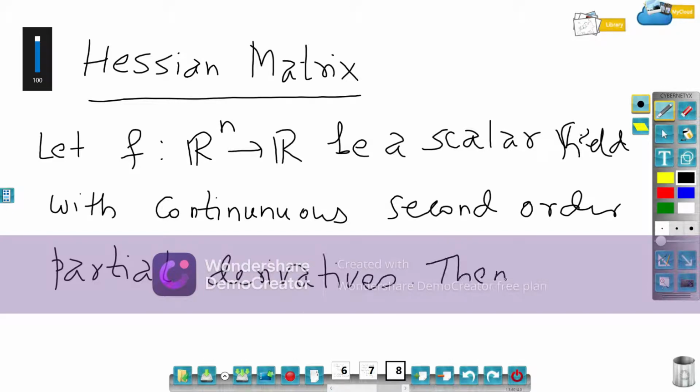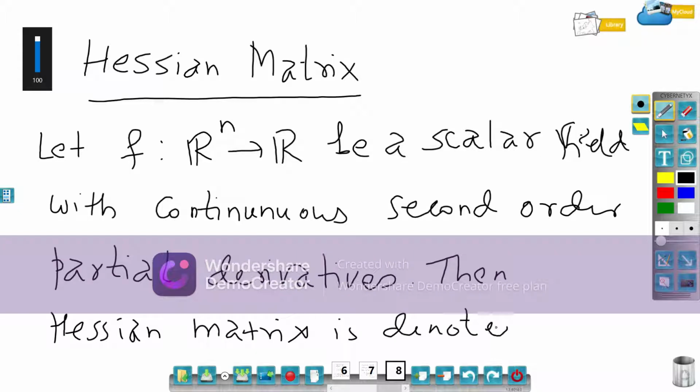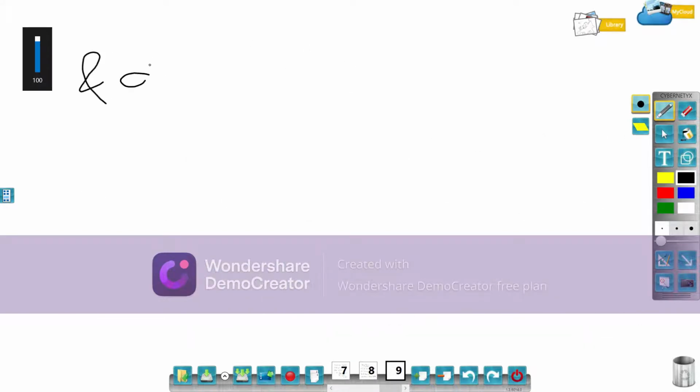Then the Hessian matrix is denoted by H of f and defined as follows.